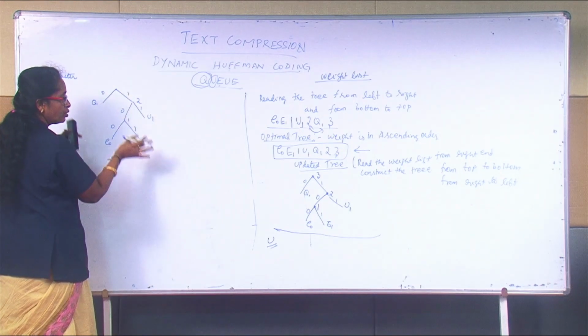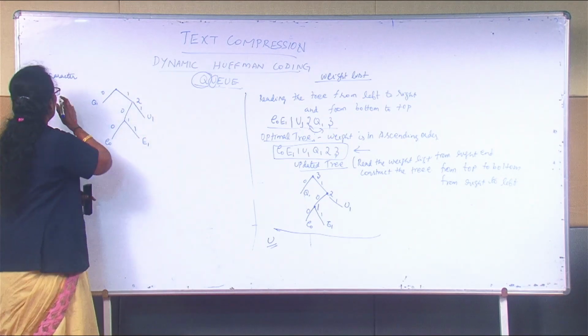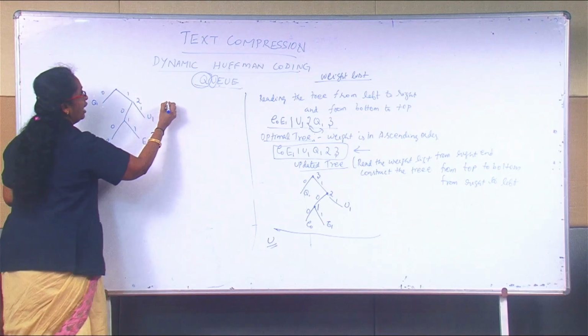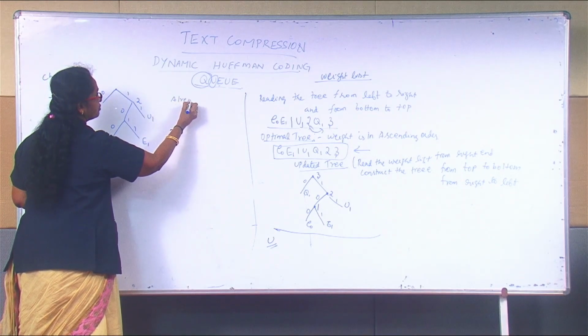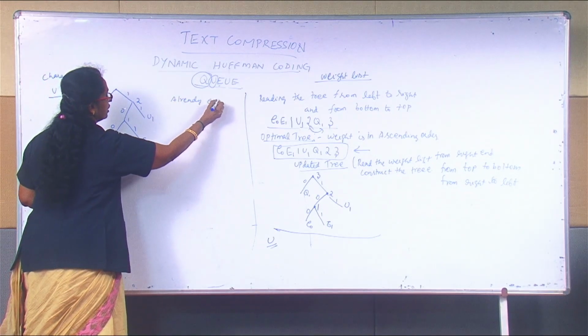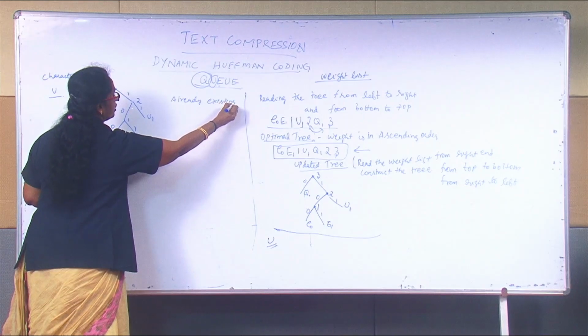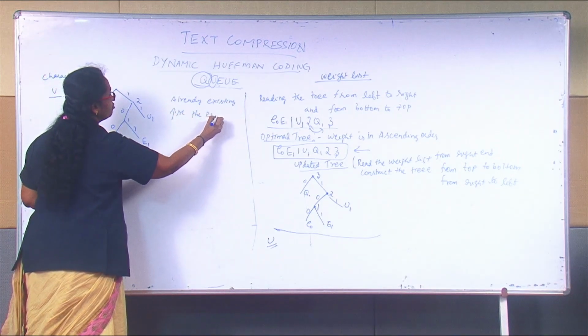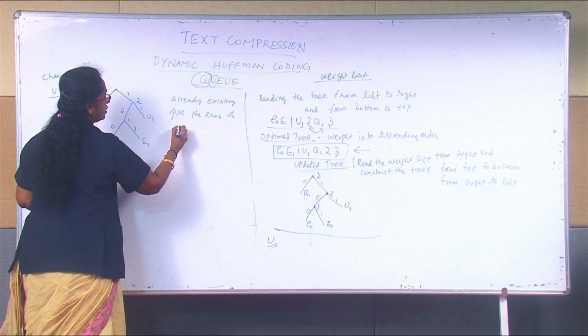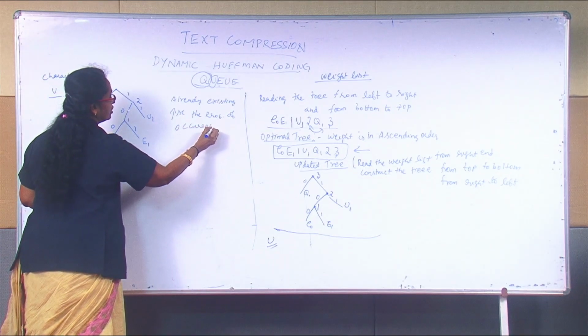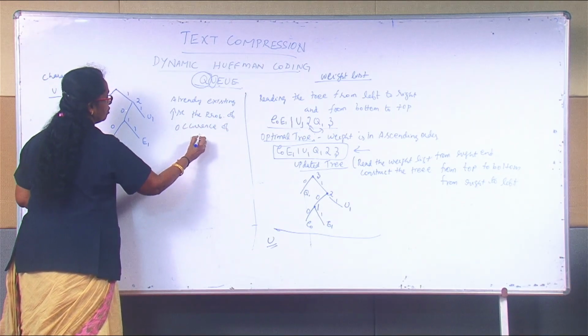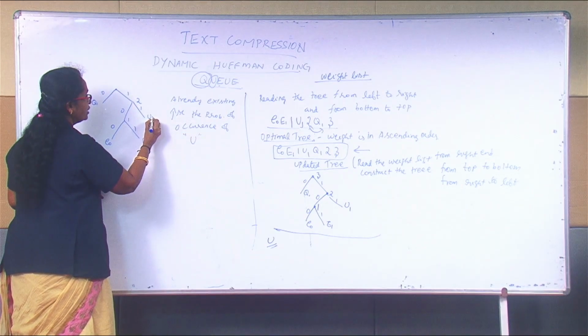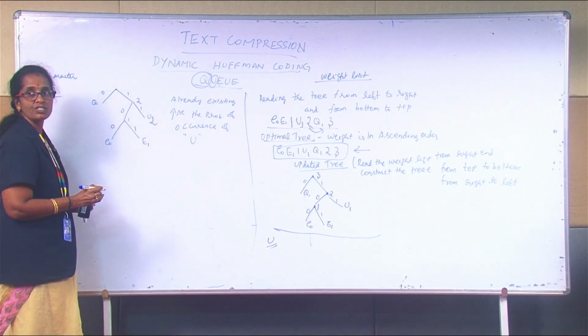I have simply redrawn it, but as this U character is an already existing character, therefore increase the probability of occurrence of U. Okay. Therefore, this probability has been modified as U2.